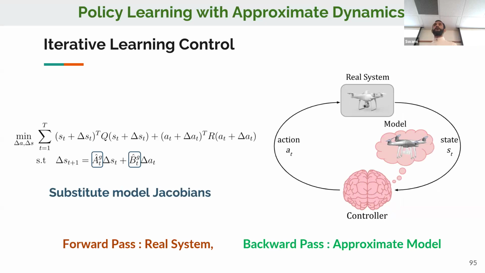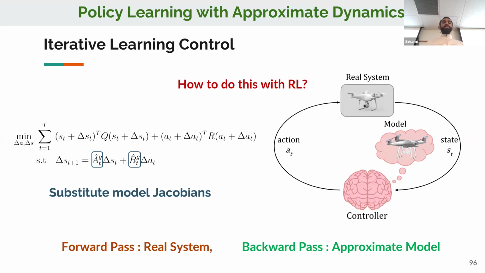So you're doing the forward passes on the dynamics on the true system. But then when you're trying to compute updates on your state or actions, the backward pass on your dynamics, or the Jacobians of the dynamics, are evaluated using your approximate model. But then this problem, again, is only feasible if the problem you're looking at is fairly repeatable and deterministic.